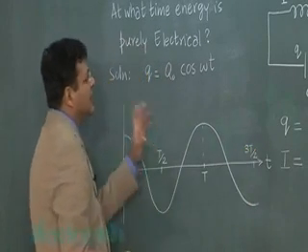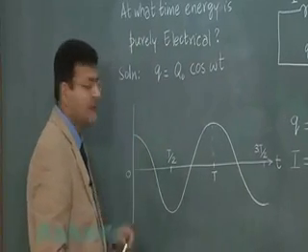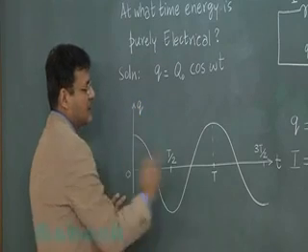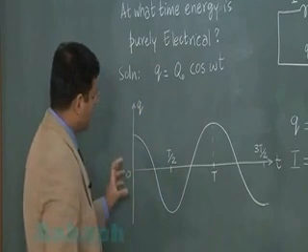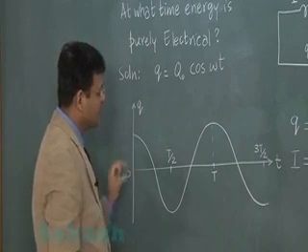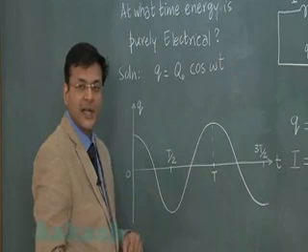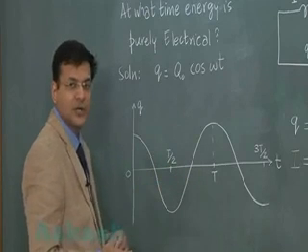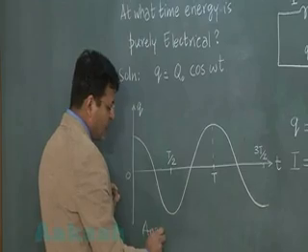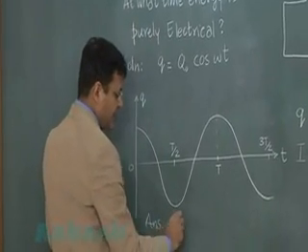You see that the energy in the circuit will be purely electrical whenever the charge has its maximum value. And from this diagram you can see the charge has its maximum value at t equal to 0, or at t equal to T/2, or at the total time capital T, or 3T/2, and so on. So the answer will be that energy will be purely electrical at t equal to 0.